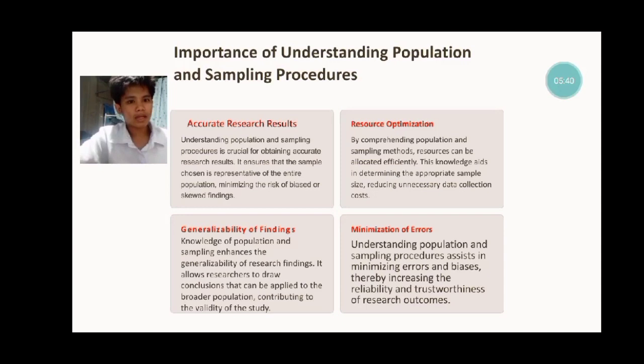Generalizability of findings. Knowledge of population and sampling enhances the generalizability of research findings. It allows researchers to draw conclusions that can be applied to the broader population, contributing to the validity of the study.